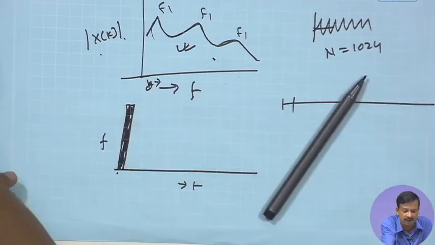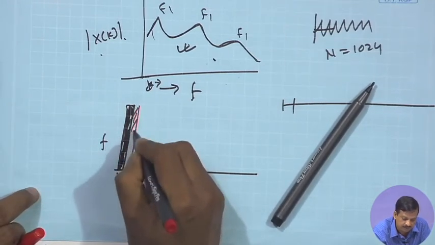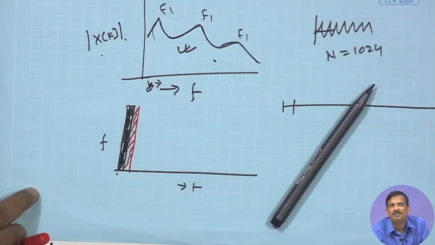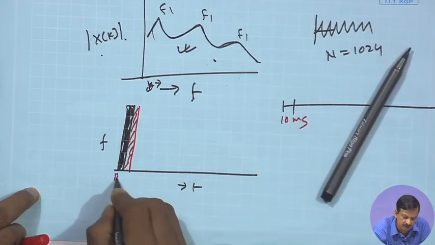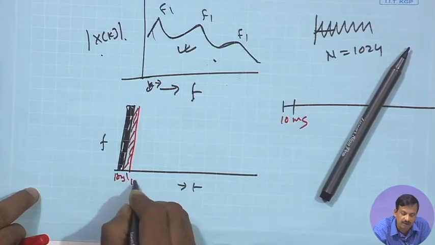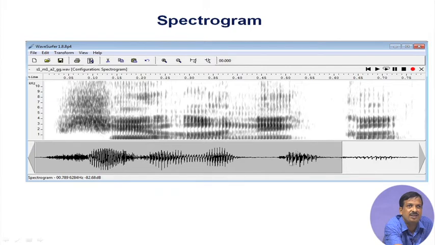Next, I take the next chunk and plot it here. If it is a 10 millisecond window, then this 10 millisecond will be the same, and this 10 millisecond will be the same. That is why you see this kind of thing coming. Okay. So, this is called a spectrogram and the earlier one is called a spectrum.